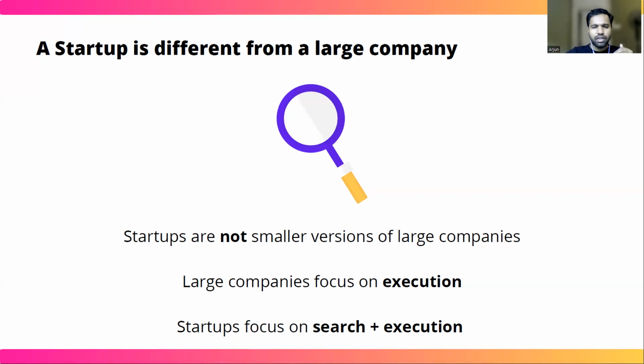Very simple, right? You increase $2 in your product, then you reach 1,000 million. But of course, the amount you increase should not turn off your customers. It should be a marginal increase where the customer does not even realize that it is a bigger amount that he's paying now. So they're always focused on execution: how to increase their revenue, how to increase their profits, how to capture more markets and things like that. But startups focus on both search and execution.